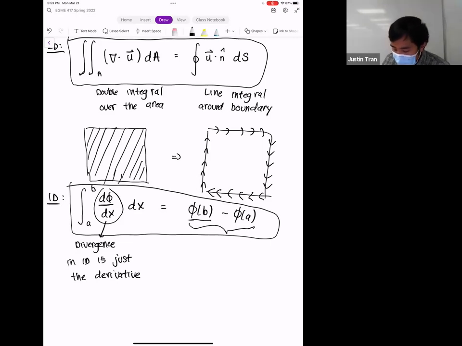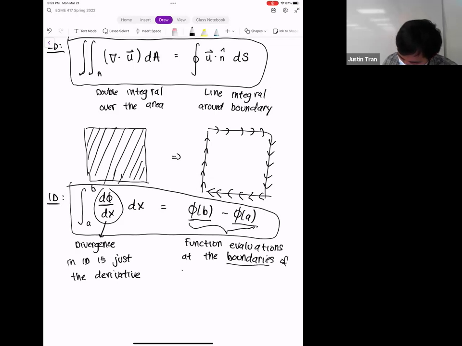Because phi B and phi A, these are just function evaluations at the boundaries of our 1D domain, where the boundaries of our 1D domain are just B and A, okay?